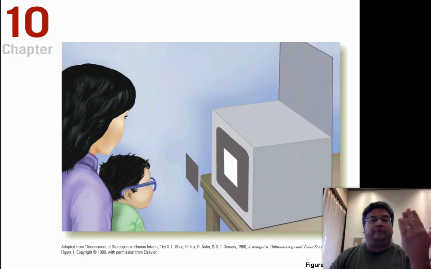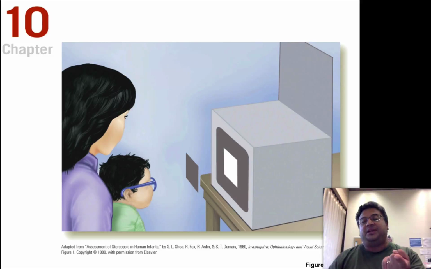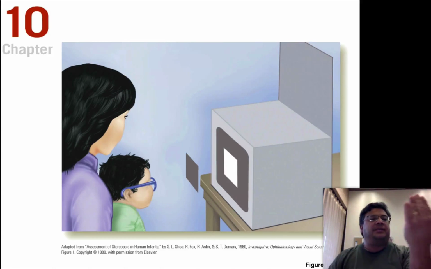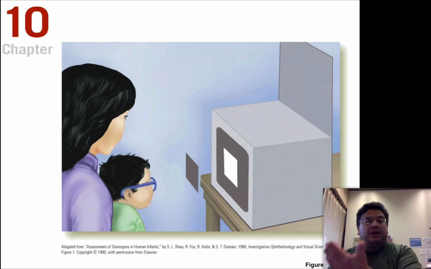They will actually follow it moving back and forth. If they can't see in 3D, then it's going to be flat, and nothing's going to really be moving for them. So in this way, we can tell at what point three-dimensional processing becomes apparent in very young infants, and usually happens around 4 or 5 months of age, thereabouts.